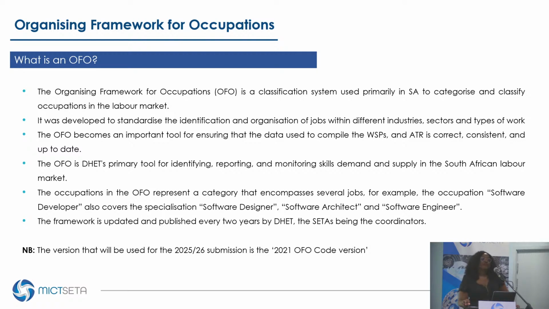But if we had to go to the tasks, or what it is that you do within that job, you'll find that they're linking to a specific occupation. The title is different, but the content of the job is the same. So OFO is actually meant to do that.